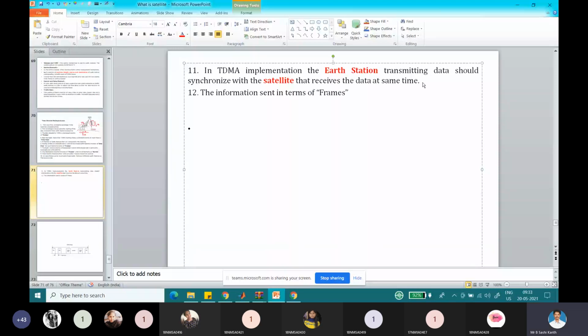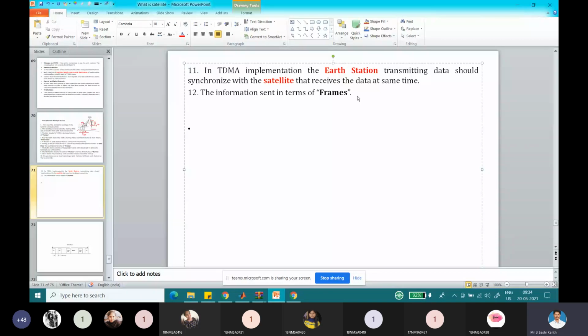So the frame consists of bursts. The information is sent in terms of frames, and we can call that in terms of bursts. A frame consisting of bursts, so the information internally consists of bursts, which we are sending from the earth station.